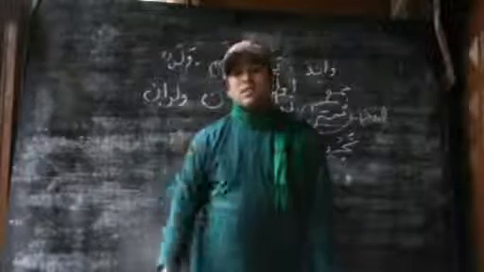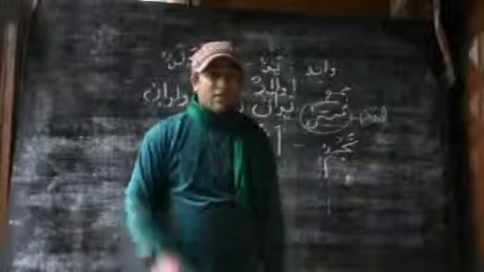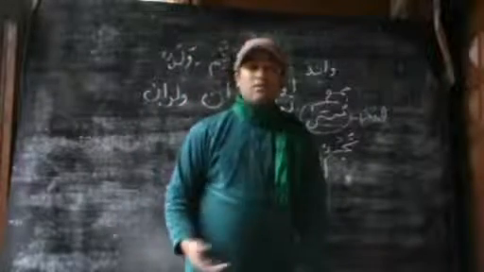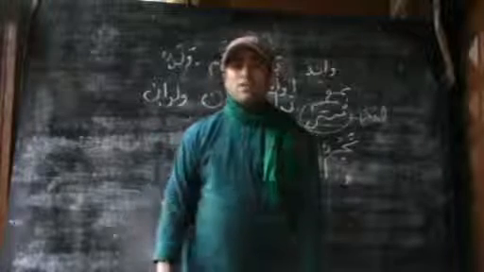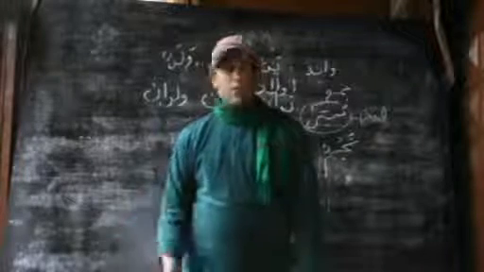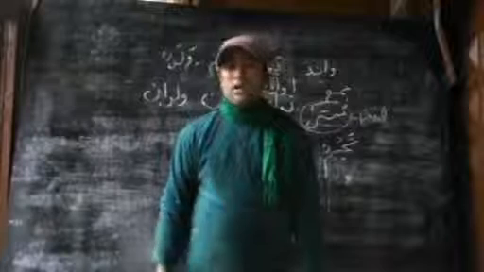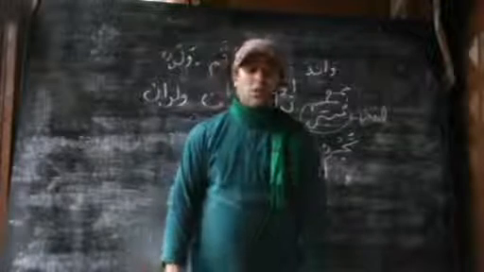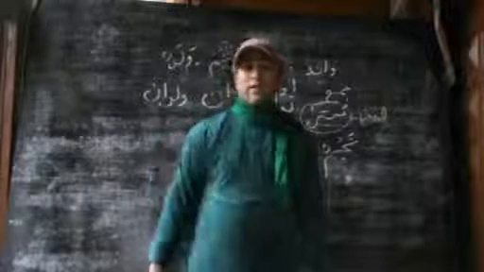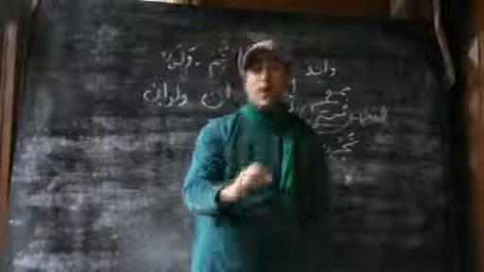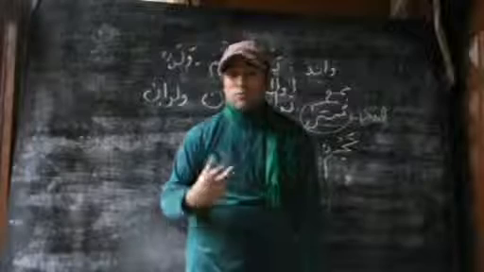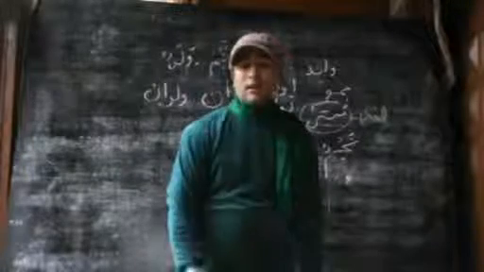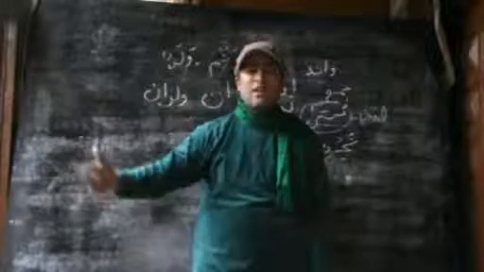So today our lesson was about singulars, duals, and plurals. In Arabic we have a different way to say singular, a different way to say dual, and a different way to say plural. If we have the singular waladun, a boy, we say waladani for two boys, and awladun for many boys.